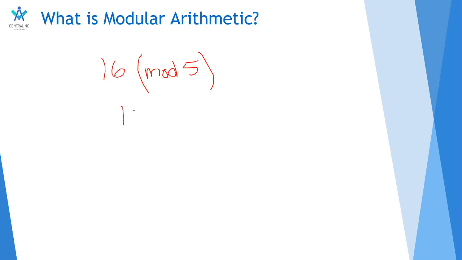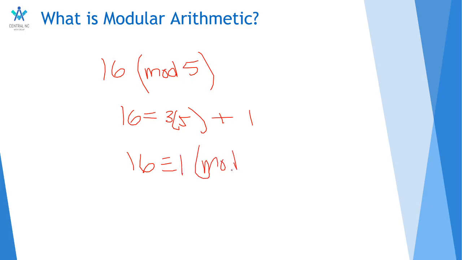Well, we know that we can write 16 as 3 times 5 plus 1. So 16 is congruent to 1 modulo 5. And this is the most basic way to interpret modular arithmetic, just as math with remainders.